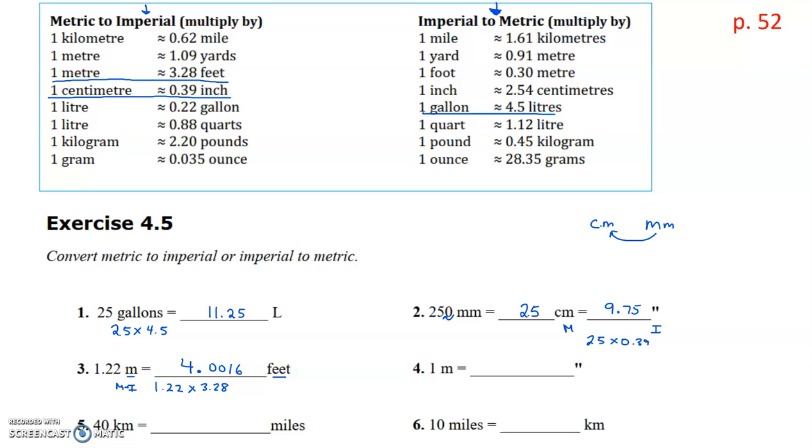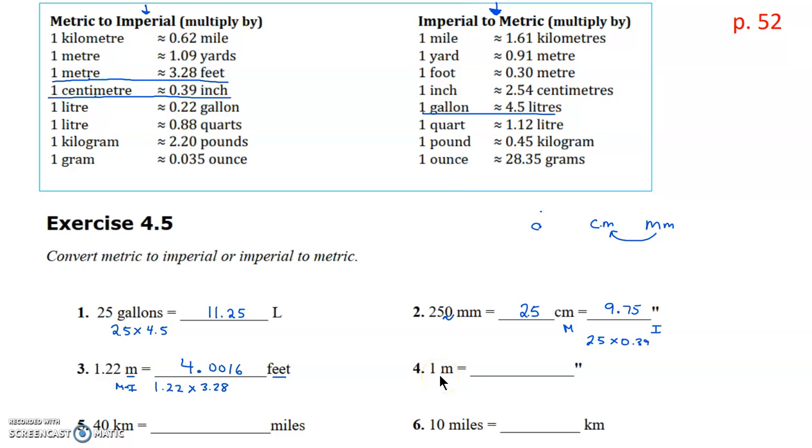Number 4 is asking for 1 meter is how many inches. So we look at our metric side and we see that they have meter into feet and meter into yards, but they don't have meter into inches. So we have a couple of choices here. We could convert meters to feet and then feet to inches by using our imperial conversion. But I'm going to show how you can use the metric to imperial conversion by first changing the 1 meter to centimeters.